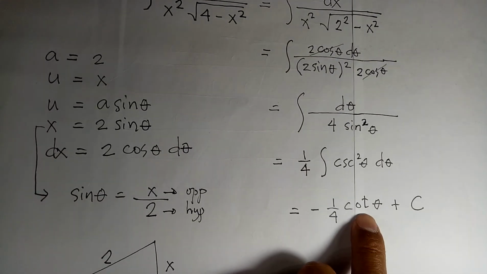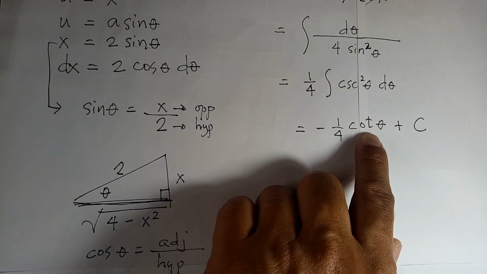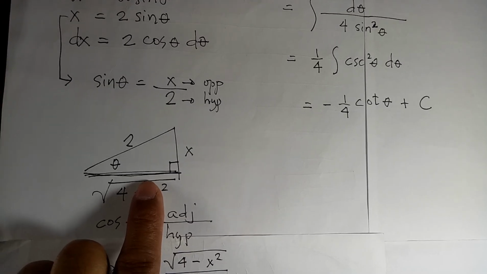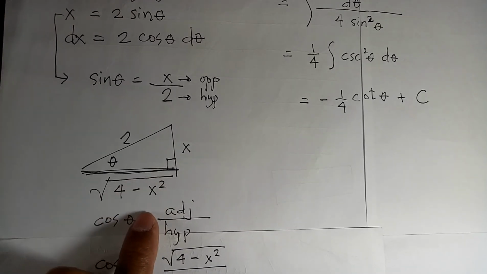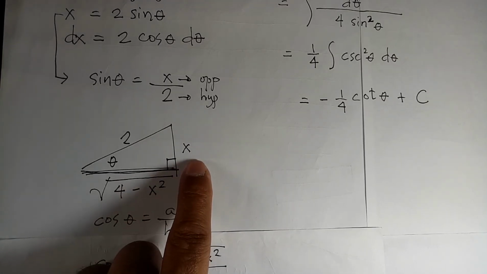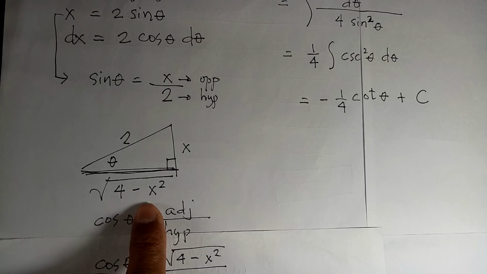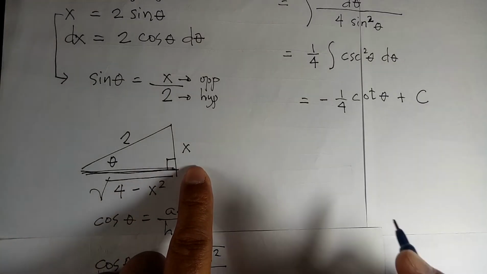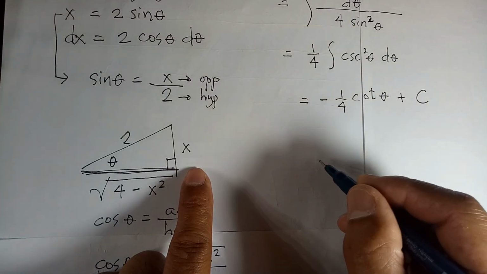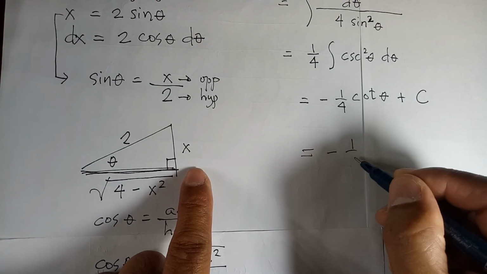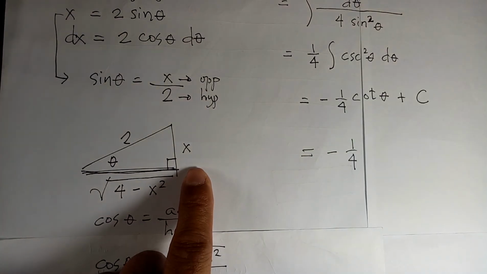Ngayon, yung cotangent theta, yung equivalent niya sa x ay gagamitin natin uli yung right triangle na ito, no? So, ang cotangent it is adjacent side divided by the opposite side. Square root of 4 minus x squared divided by x. So, mula rito, sa triangle na yan, magkakaroon tayo ng negative 1/4.